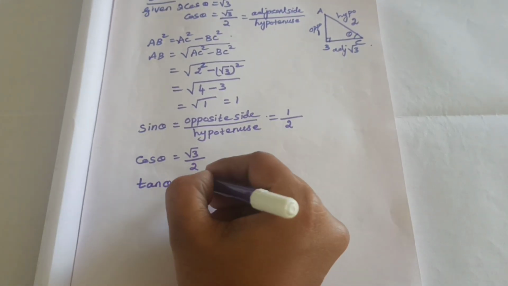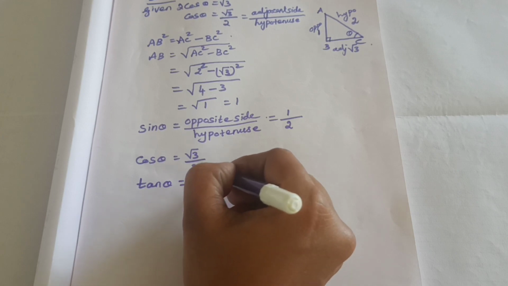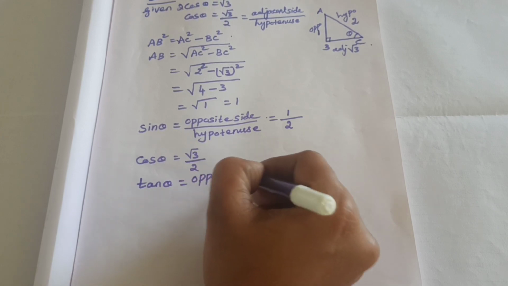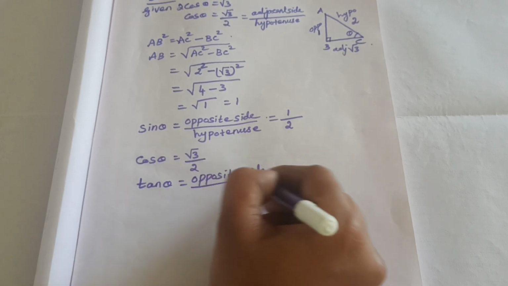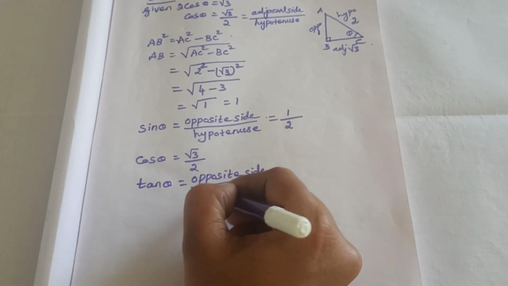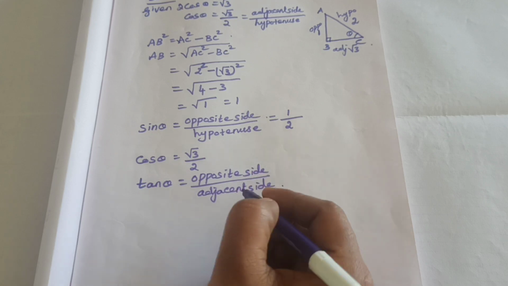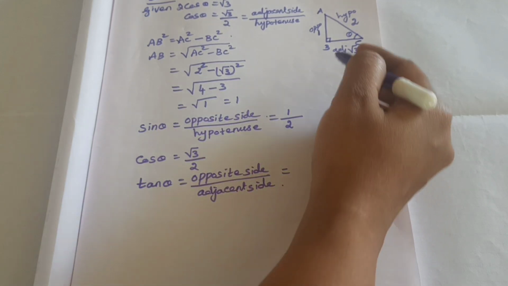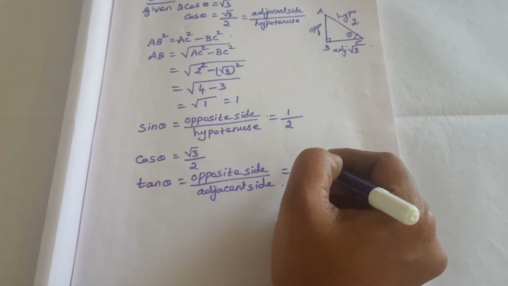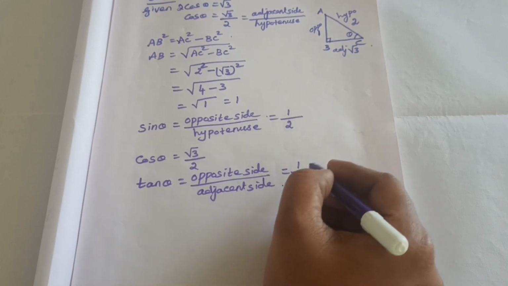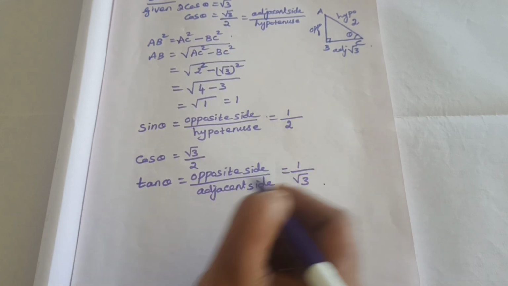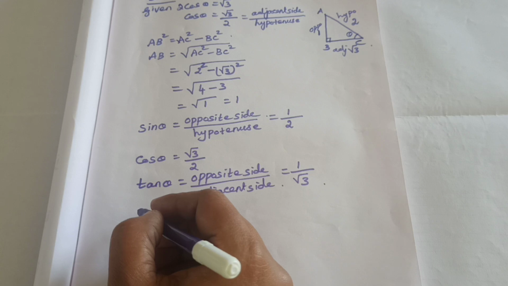Then opposite side divided by adjacent side. Which is the opposite side here? 1, isn't it? 1 divided by adjacent side is root 3. Okay, correct?